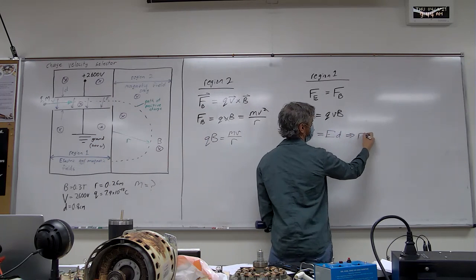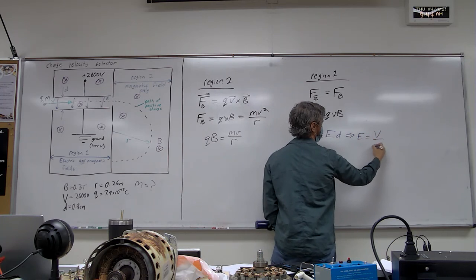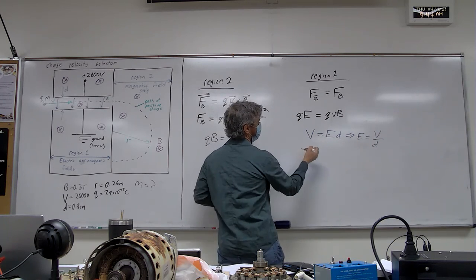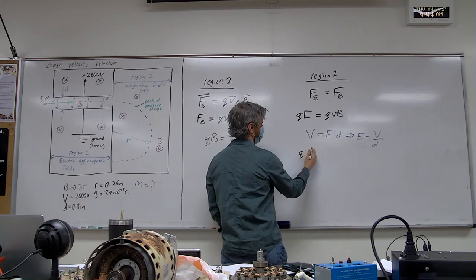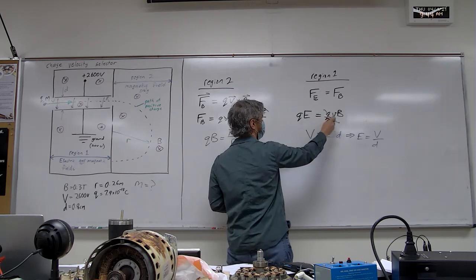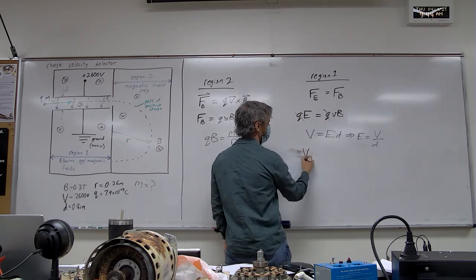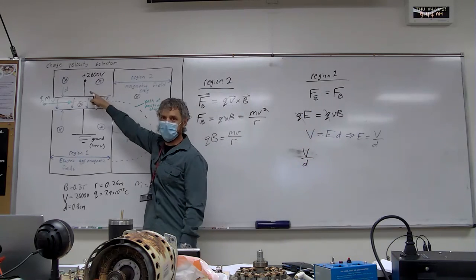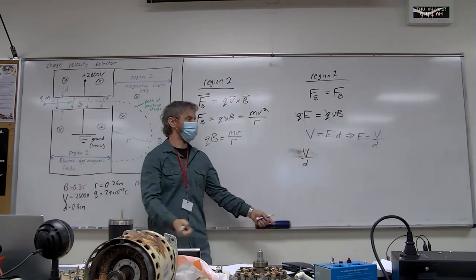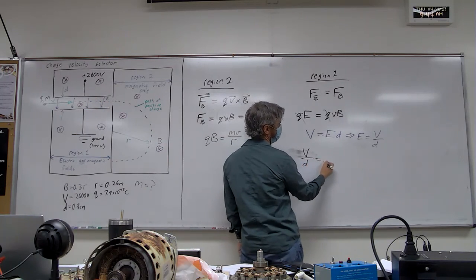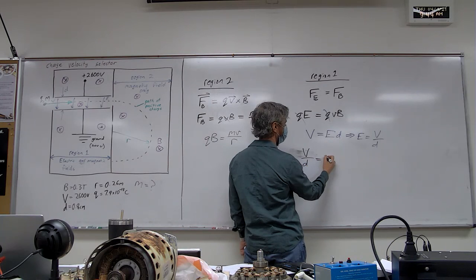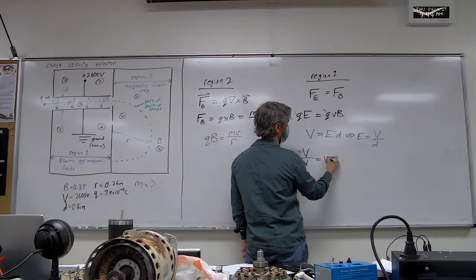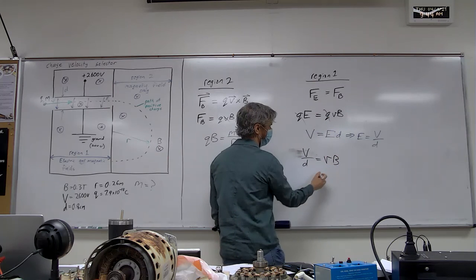Therefore, the electric field is voltage divided by distance, capital D. I can cancel the Q's, so I have voltage divided by the spacing between the plates. Remember, you do the integral of E dot dr. That's where that comes from. And that's going to equal velocity times B. So I can determine the velocity here.